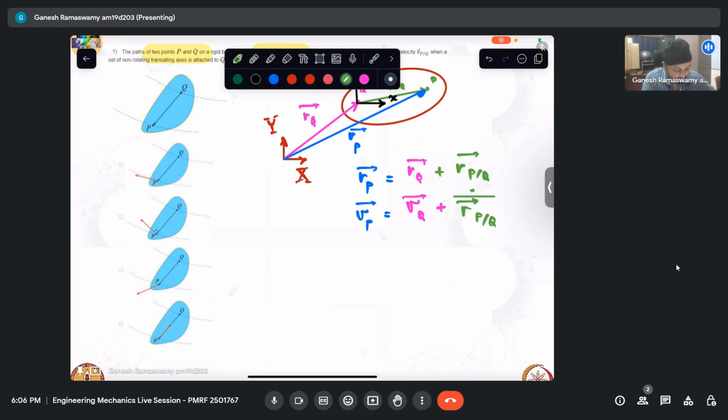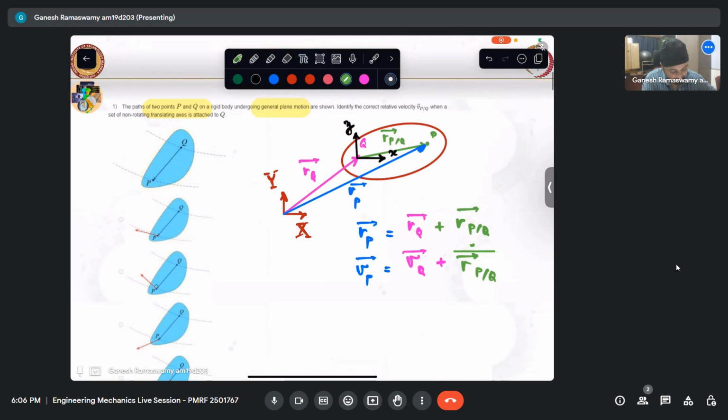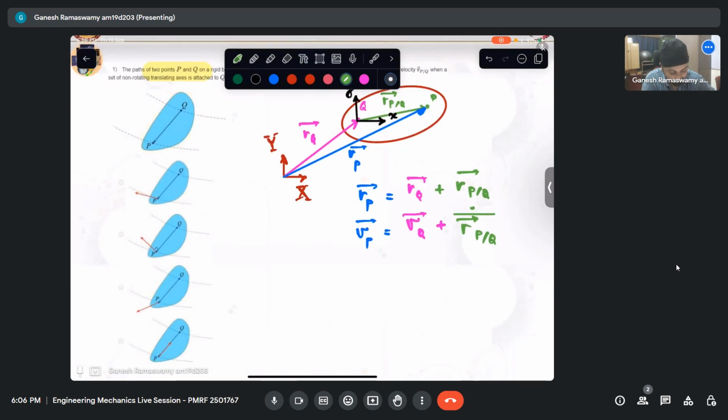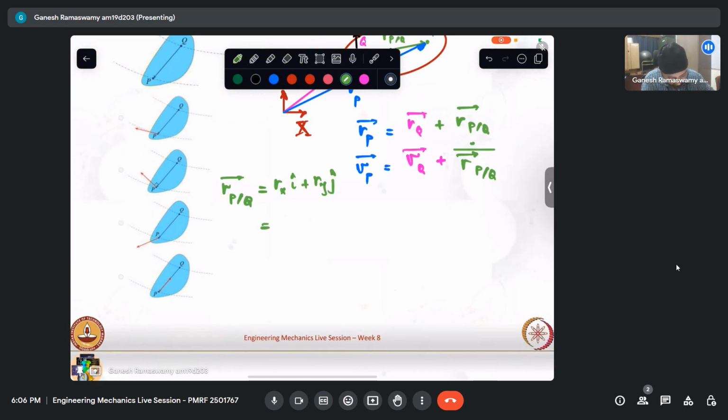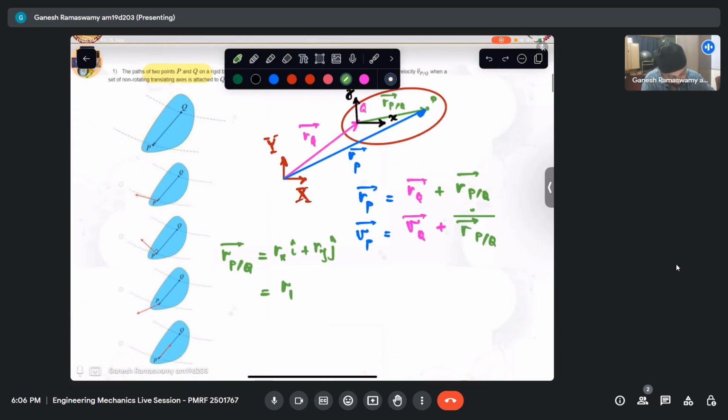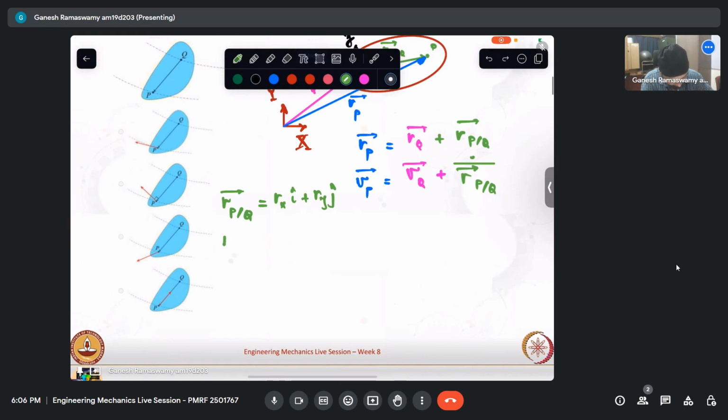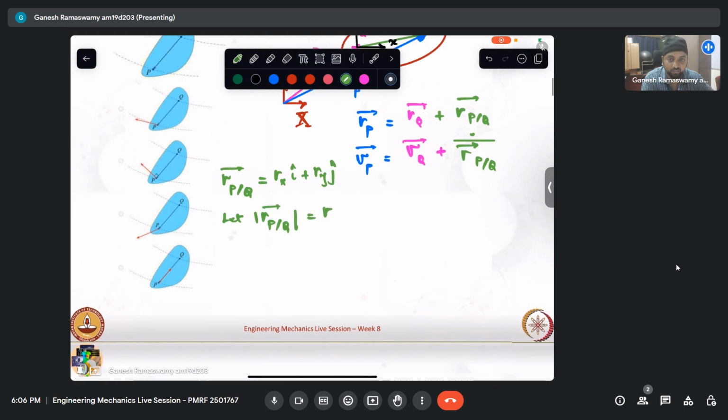Now this vector, how can I represent this? With respect to x and y coordinates, I can represent rp with respect to q as some rx i plus ry j with respect to the black axis. Or another way of writing it: let me call the magnitude of rp with respect to q as r, without any subscript.